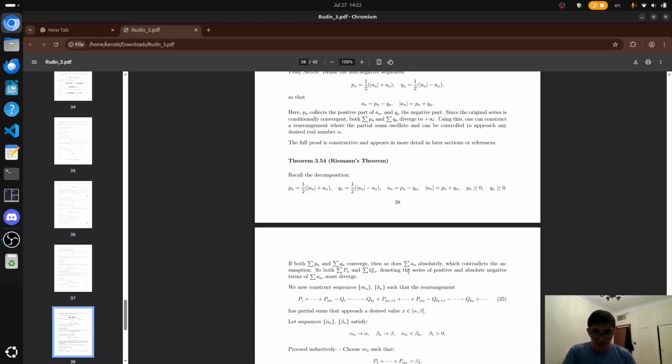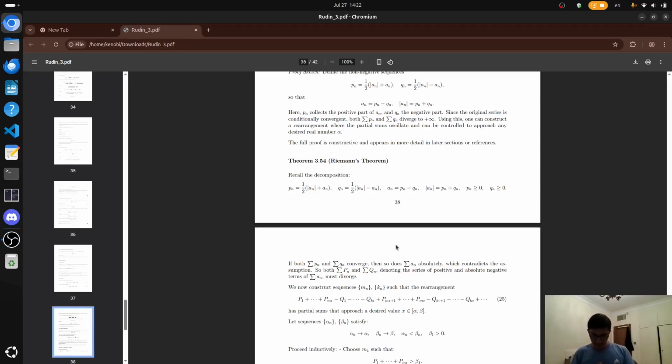Now we choose P1, P2, P3 to denote the non-negative terms of the sum of a_n. And Q1, Q2, Q3 be the absolute values of the negative terms of a_n in their original order. So Q1 is the first negative term in the whole series, Q2 is the second negative term, etc., but you're taking their absolute values.